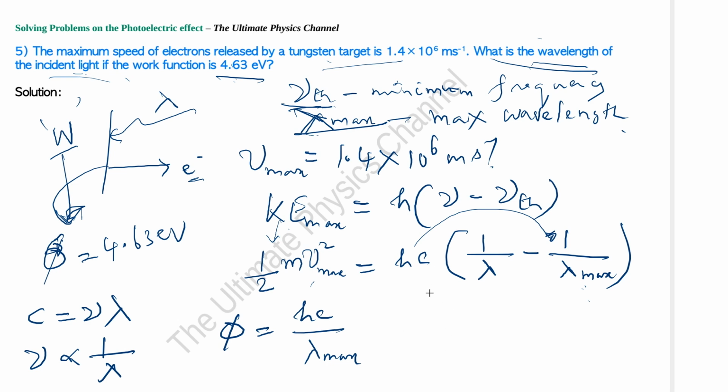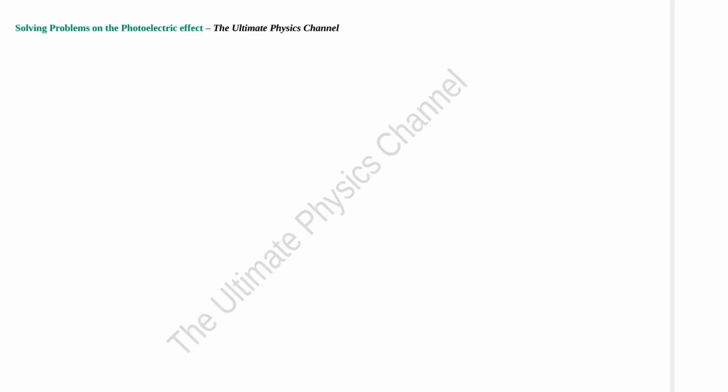And so based on these, we can write hc over lambda is equal to the KE max, right?